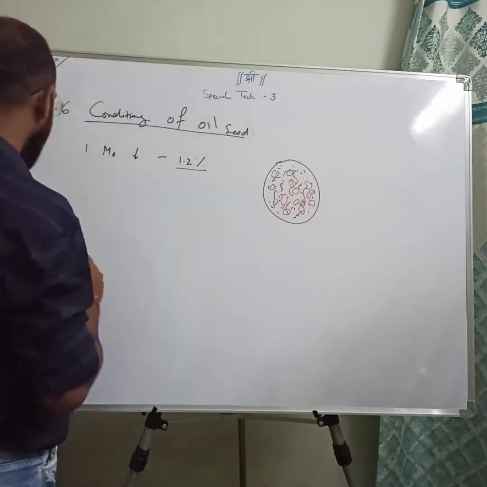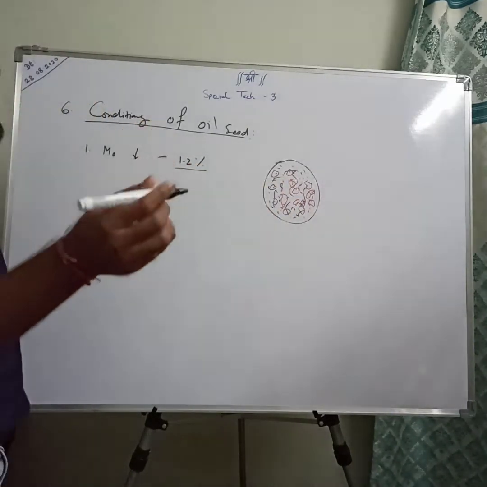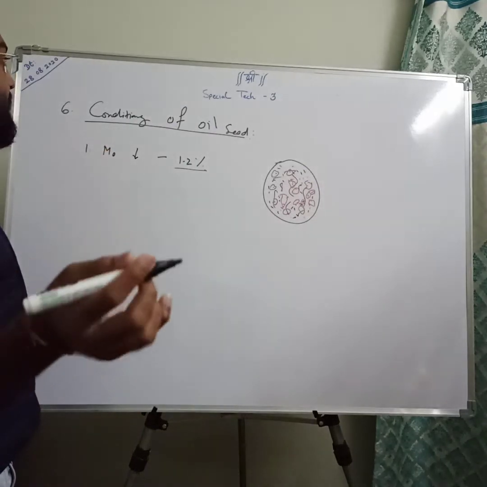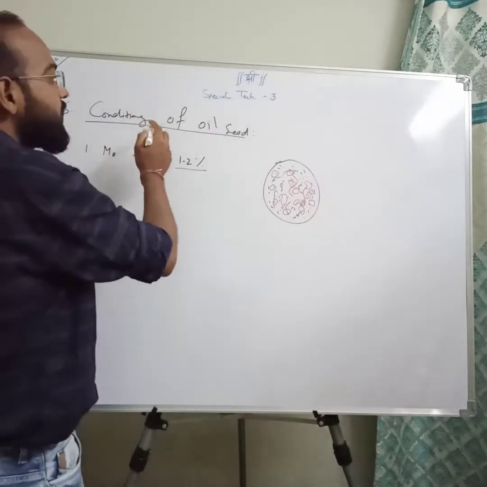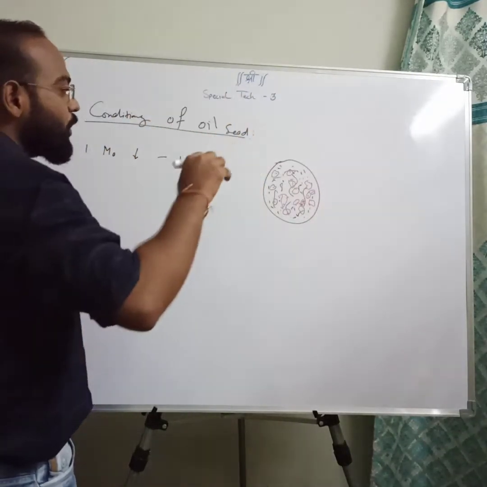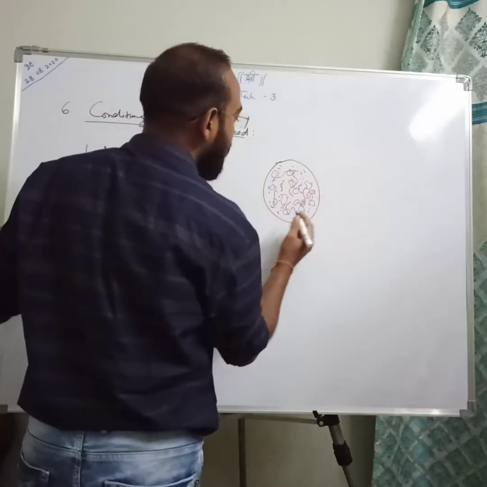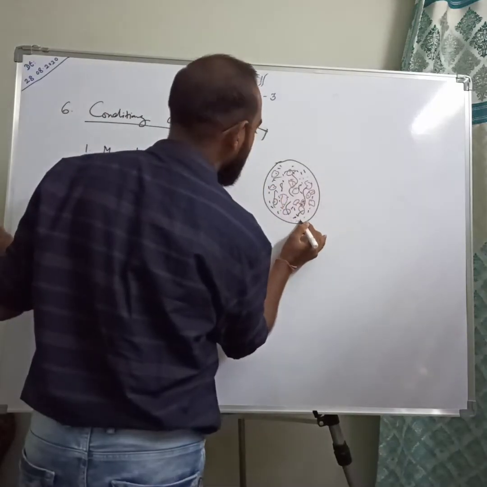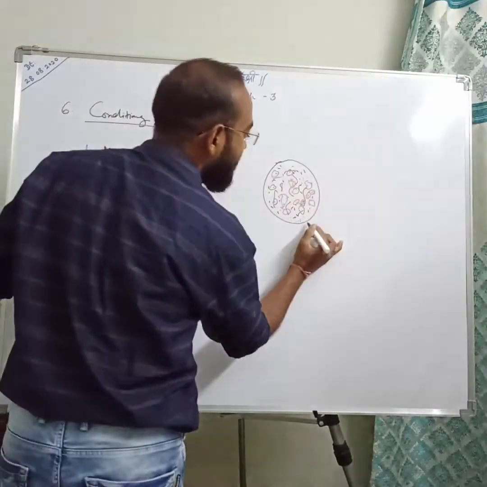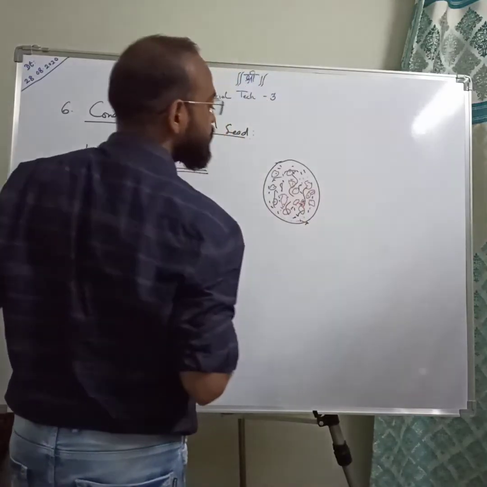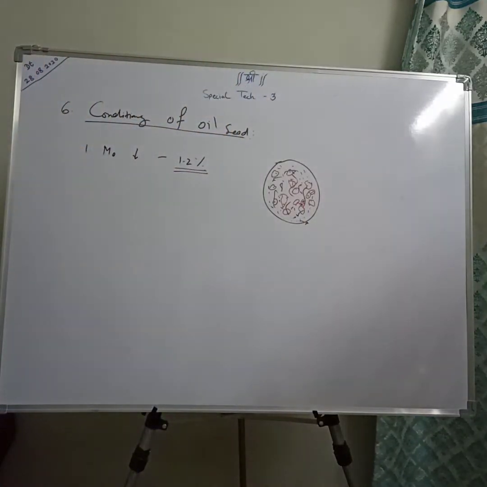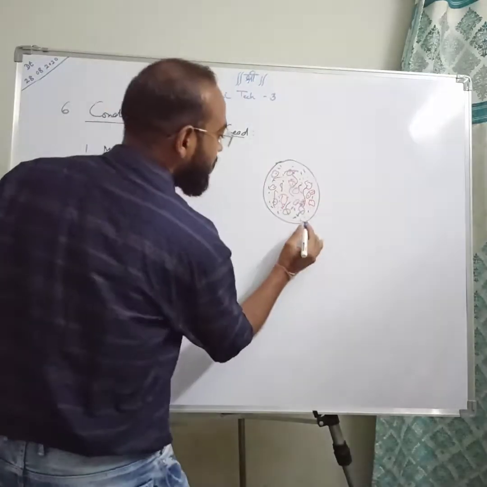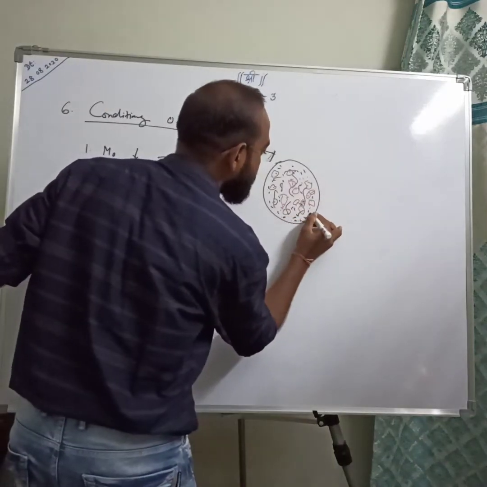When heat is supplied at conditioning, I already said that conditioning and heat treatment are carried out during the cooking operation. So when heat is supplied, what happens? It contains a small amount of moisture, only 1 to 2%, present everywhere in the seed. It directly comes to the outside surface of the oil seed.